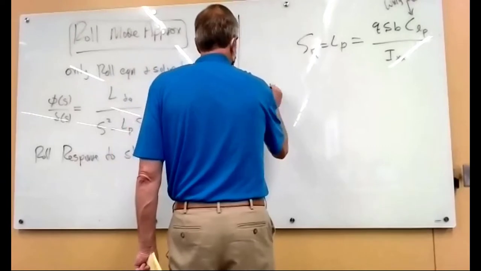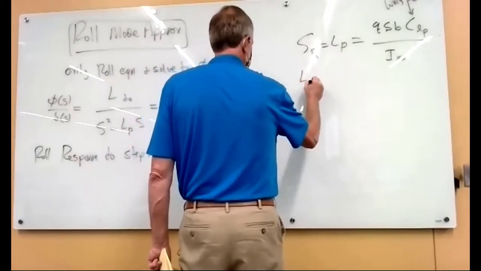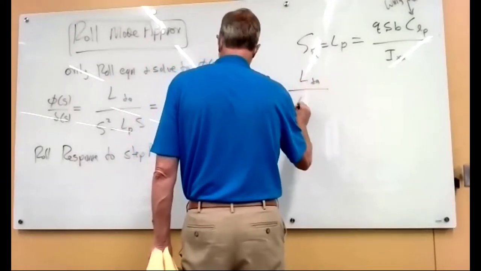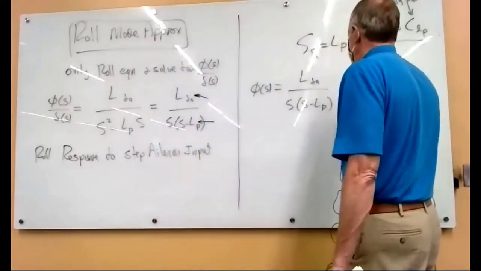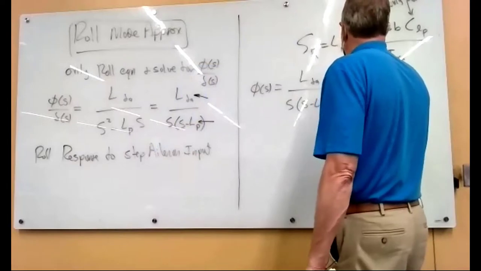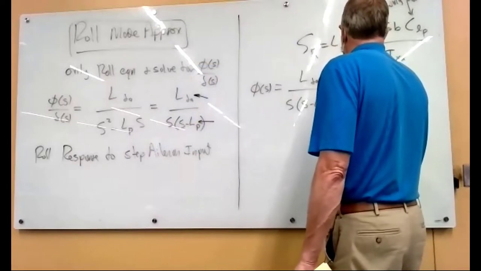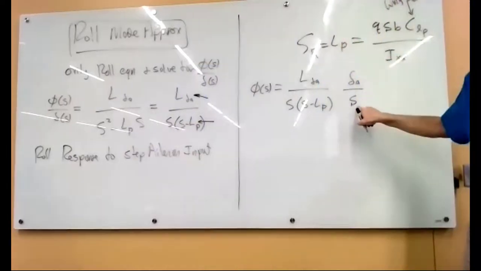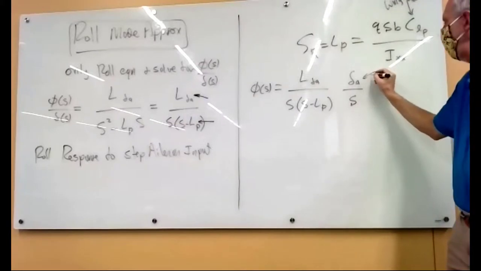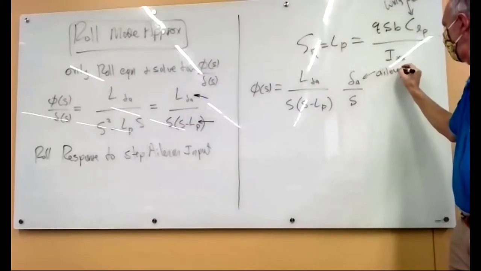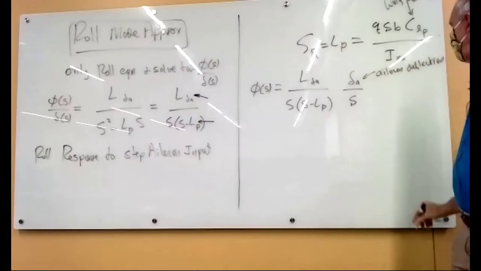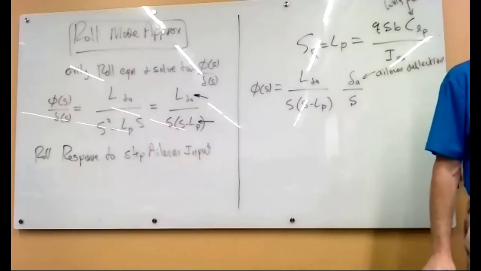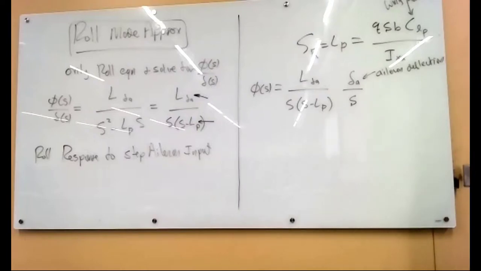So phi of S, it's in the Laplace domain, so we just multiply by a step aileron input of delta A. The 1 over S gives us the step input, right? And this is just the magnitude of the aileron. So let's say we deflect the aileron 10 degrees. What happens? Well, this will tell us.